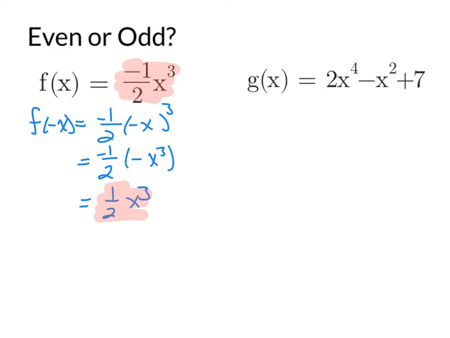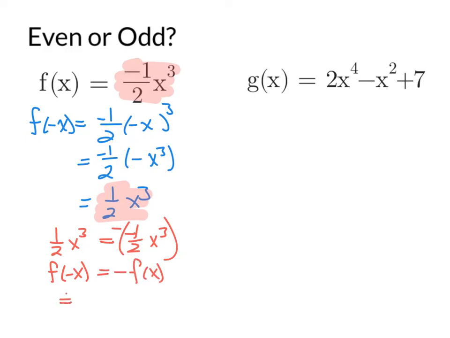Are they the same? Are they opposite? When we look at them, 1/2 x to the third is not equal to negative 1/2 x to the third, but it is the opposite of that. So we could say that f of negative x is equal to the opposite of f of x, which would mean f of x is odd.